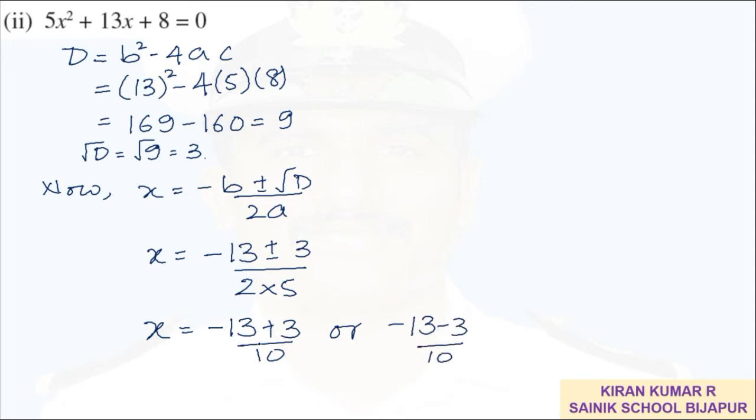When we take minus 13 plus 3, it becomes minus 10 upon 10 will be negative 1, or this becomes negative 16 by 10, nothing but minus 8 by 5. So we get the roots as minus 1 and minus 8 by 5.